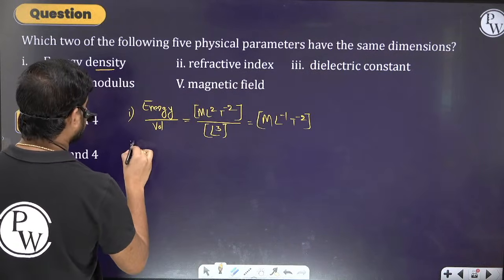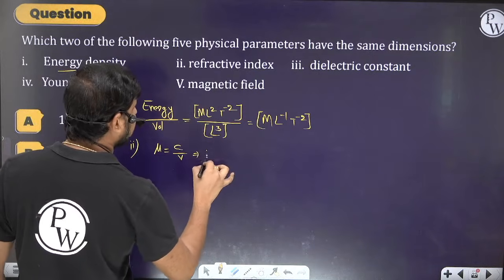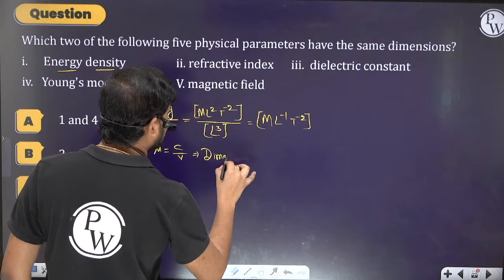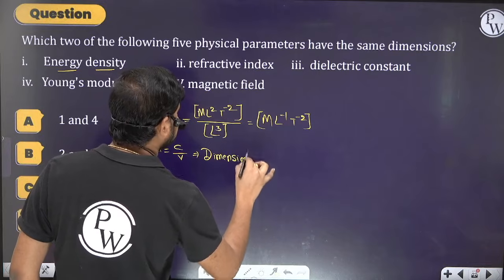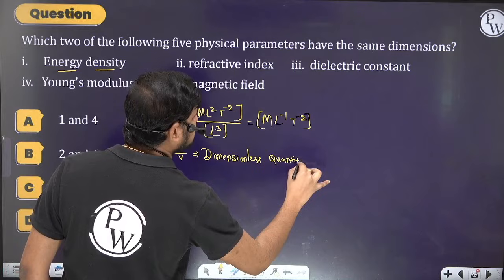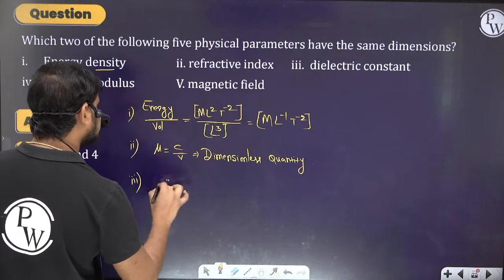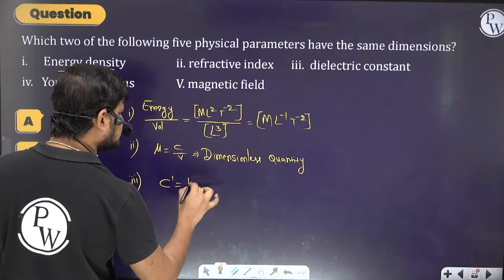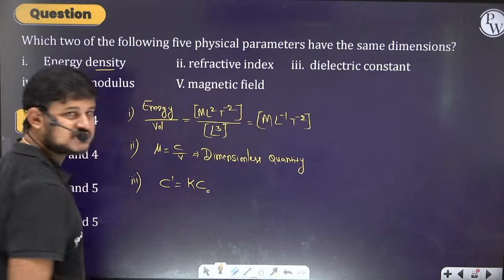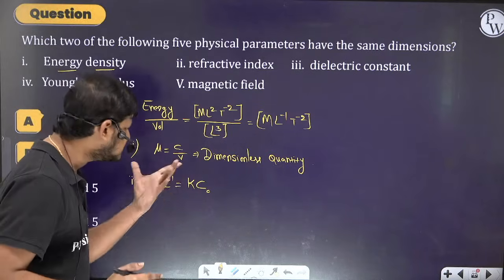The second one, refractive index, mu is equal to C by V, which is a dimensionless quantity. And then we have something called the dielectric constant. The new capacitance C dash is equal to K into the original capacitance C naught. This formula you learn in capacitors, just understand the process.